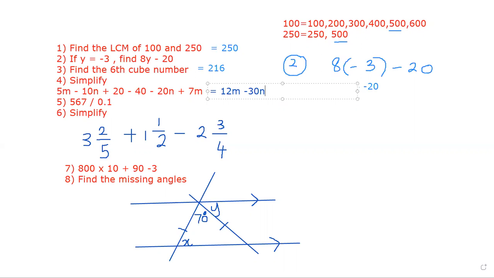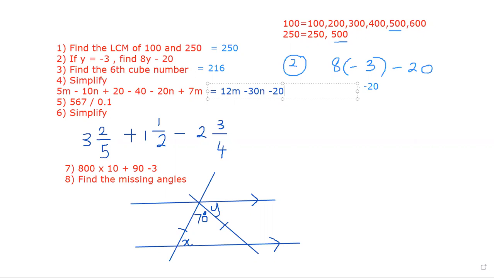Minus 30n. And I have minus 40 and plus 20. So then signs are different. Then 40 minus 20, it's 20. It should be -20. So the answer for the fourth one, we are getting 12m minus 30n minus 20.